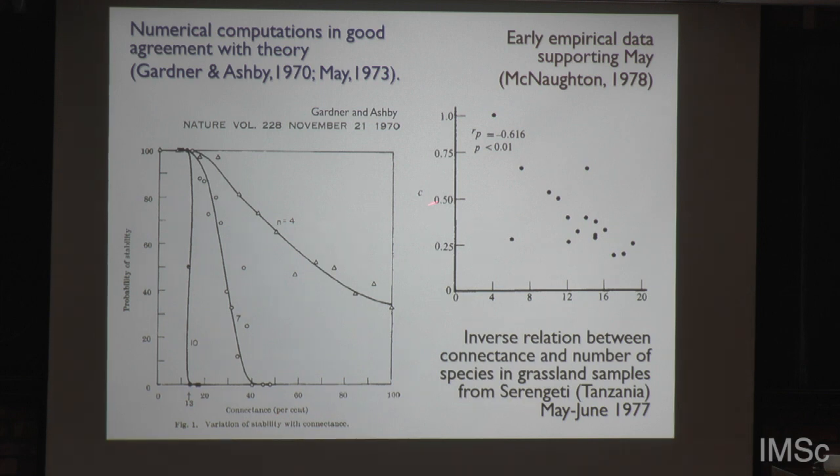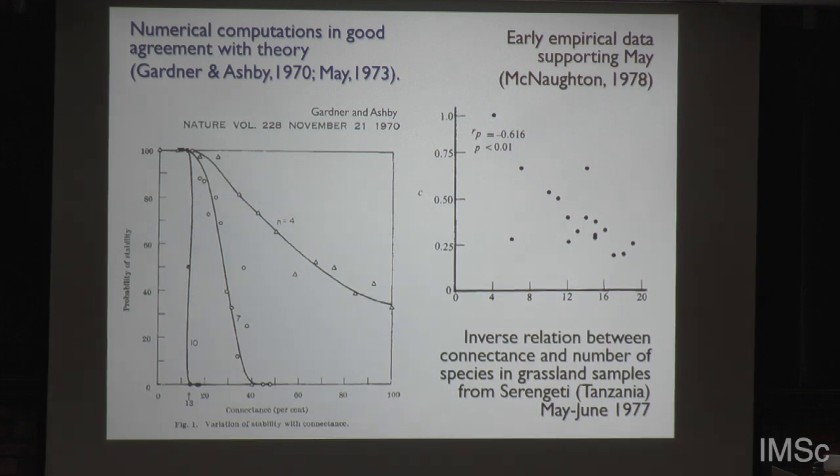So, obviously people started debating about this result the moment it came out. In 78, a field ecologist called McNaughton in fact came up with some empirical support for May's result. Essentially he showed that if you look at grasslands of the Serengeti, there seems to be some kind of an inverse relation between the connection density and the number of species that you have in the system.